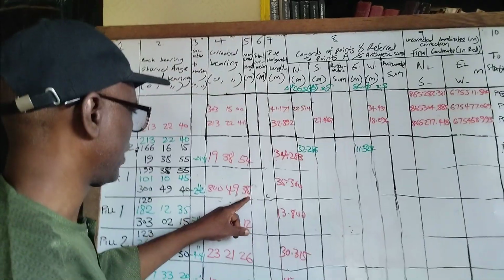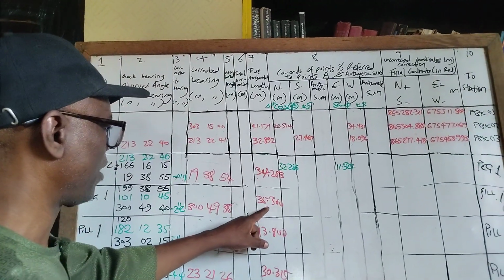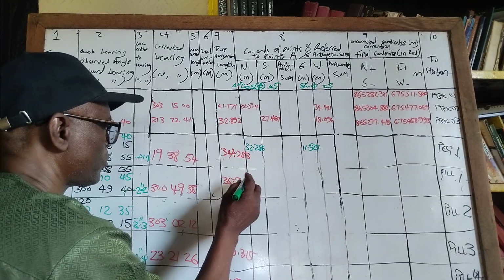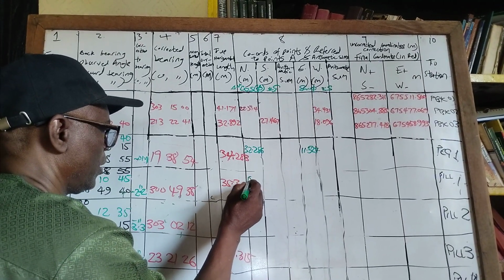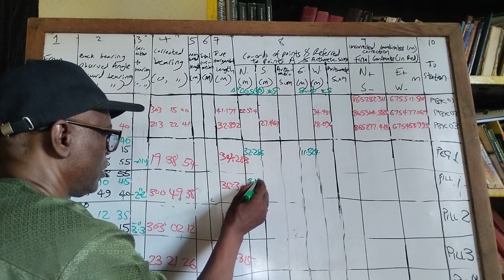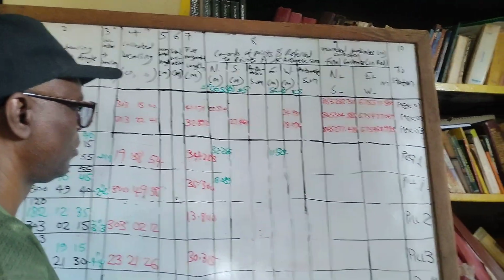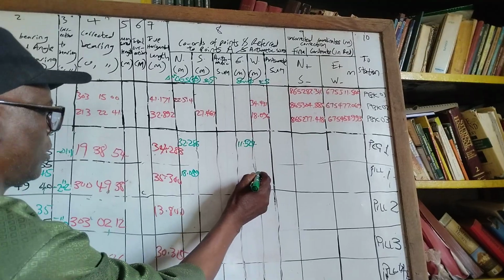Now go to the second line. 300 degrees 49 38 to 35.300 meters. 18.089 plus. The next one, minus 30.312.